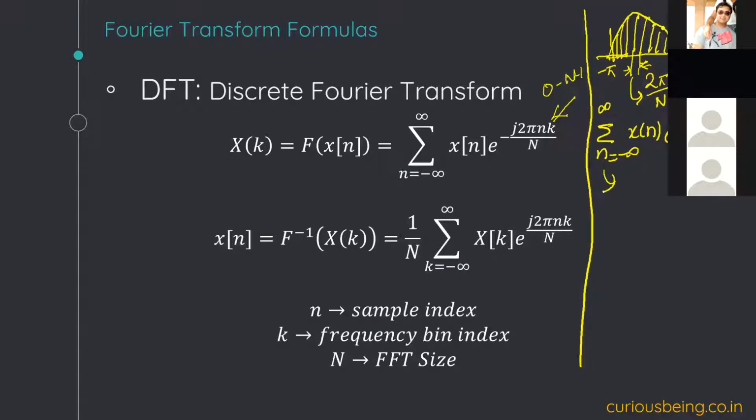After sampling, I can write it like e to the power minus j, and for each bin 2 pi by n multiplied by k multiplied by n. So this is how we reach a DFT equation.